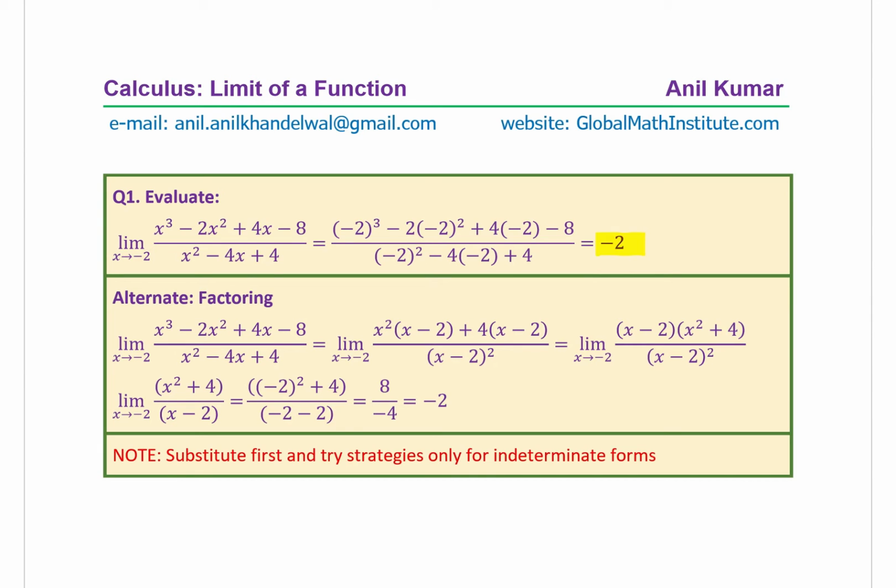I purposely took a simple one here so that I could easily show you that it could be done by factoring. But many times, when factoring a cubic function, you might require additional strategies. So strategy number one: substitute and then check. If you don't get 0 over 0, then you get the answer, perfect, and that serves.